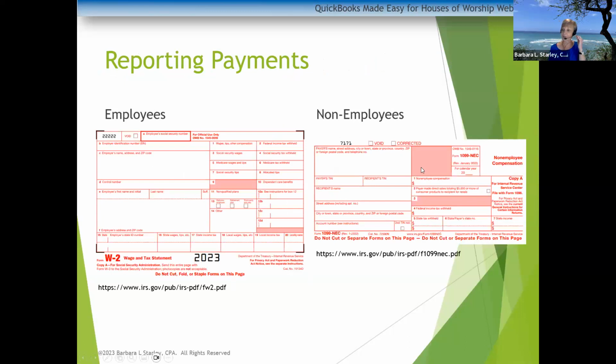And I think this was really a wise thing on the part of the IRS, that they changed this form. We used to report non-employee compensation on a 1099 miscellaneous, and it was just one box, but they literally created a whole separate form and made it really clear that this is for non-employee compensation.